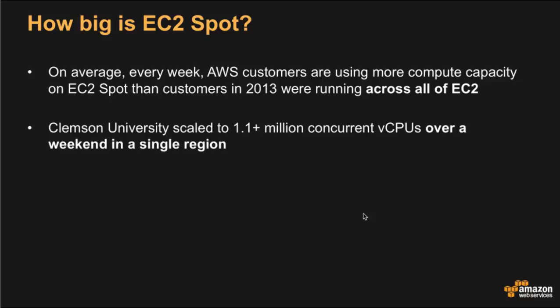That tells you that yes, you are able to run your big data workloads on EMR with EC2 Spot in a meaningful manner. To highlight this example, Clemson University scaled over 1.1 million concurrent vCPUs over a single weekend in a single region using EC2 Spot for their workloads. The testimonial is available on the web page provided at the end of the deck.